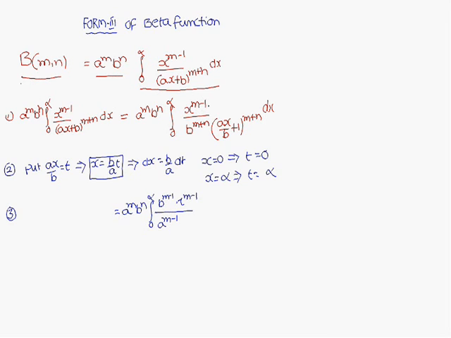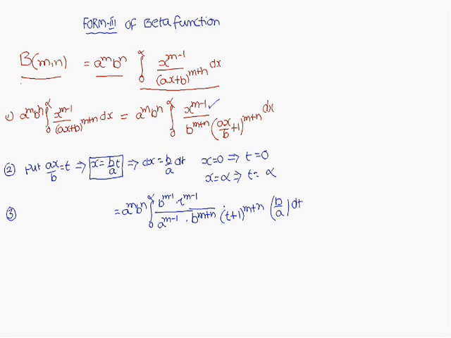So up to x^(m-1) is over. Next one, b^(m+n). Next, ax/b means t, so you have to write (t+1)^(m+n) into dx, which means (b/a) dt.